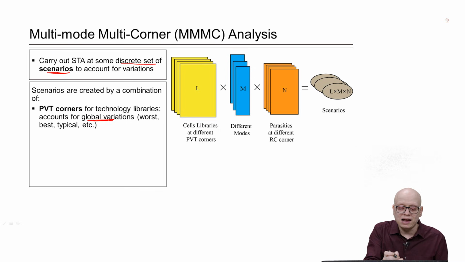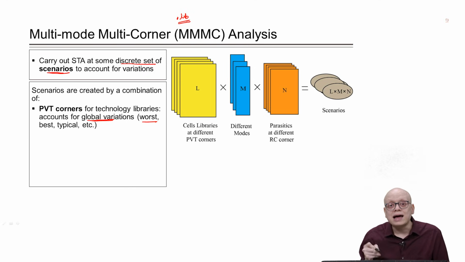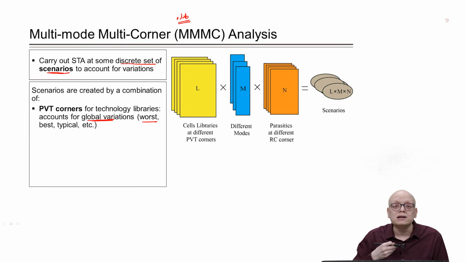Maybe we can have a library for the worst case, meaning that the .lib file for the worst case will have the timing attributes of all the cells in the library for the worst case, meaning that the delay will be larger, or the highest, or the worst for the various timing arcs in our design for setup analysis.